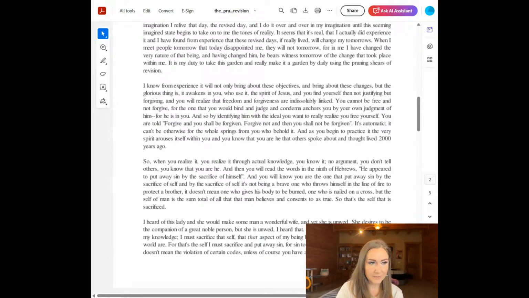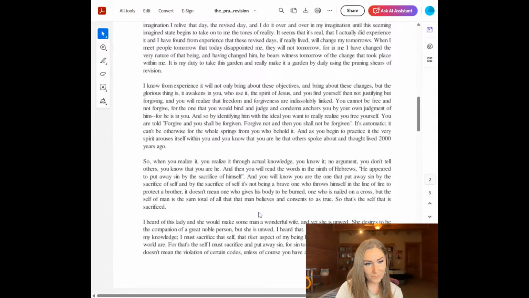So what he's saying here, the self that is sacrificed or that is changed is the old self, right? Through revision, this is going to be a powerful way to change the self concept entirely, to rid yourself of old limiting beliefs, assumptions, expectations, identities, insecurities.